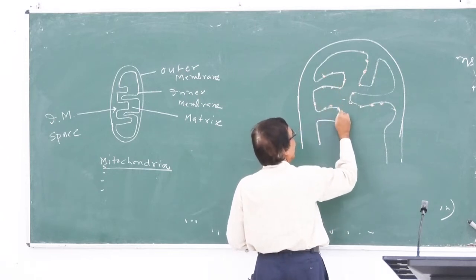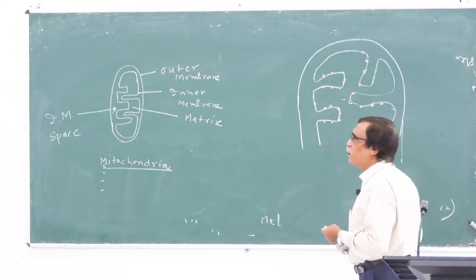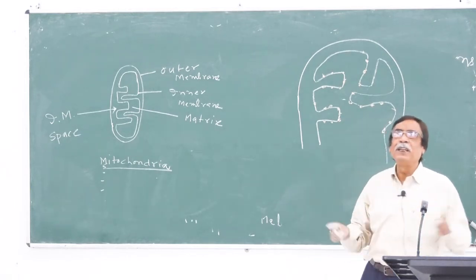These are the inner membrane which is started with electron transport chain. A sufficient number of electron transport chains is required to be accommodated, so the inner membrane is folded.